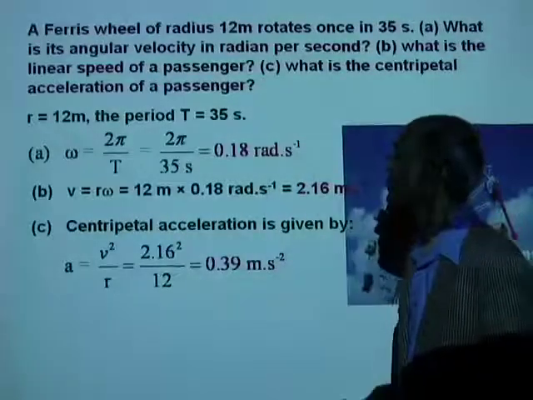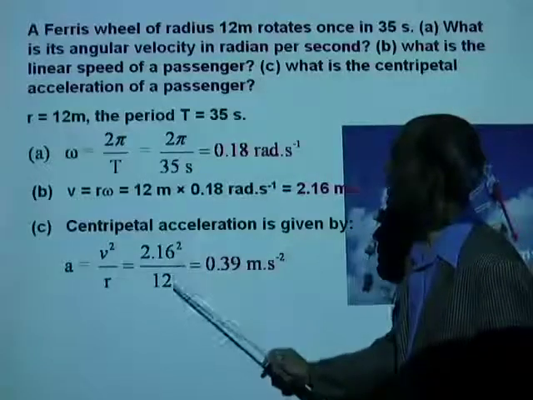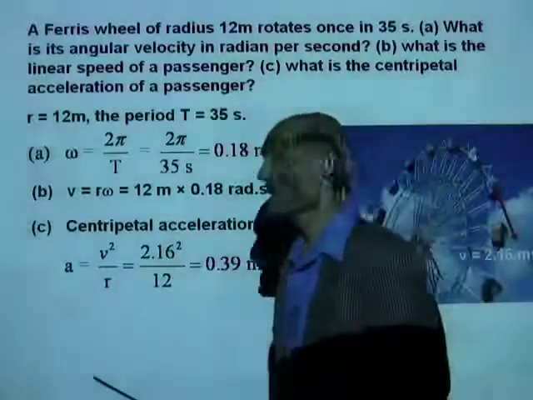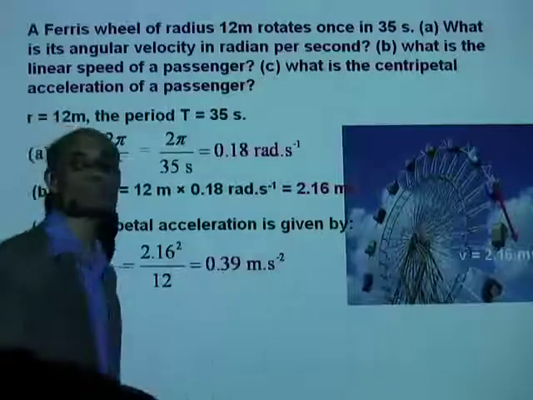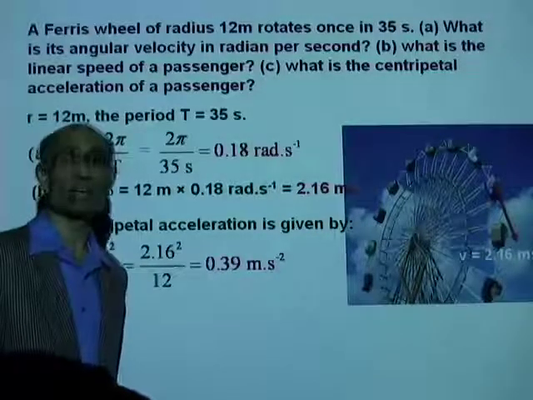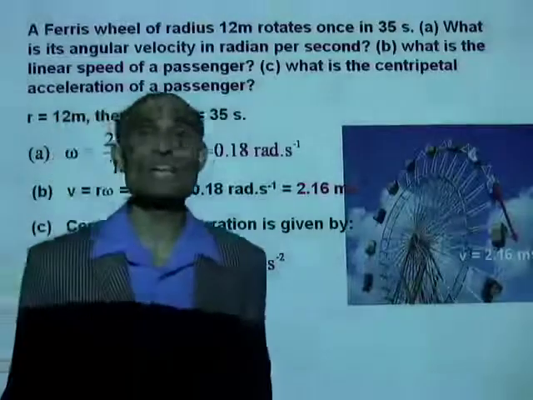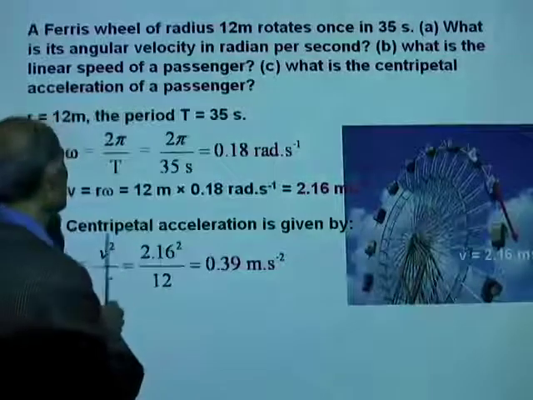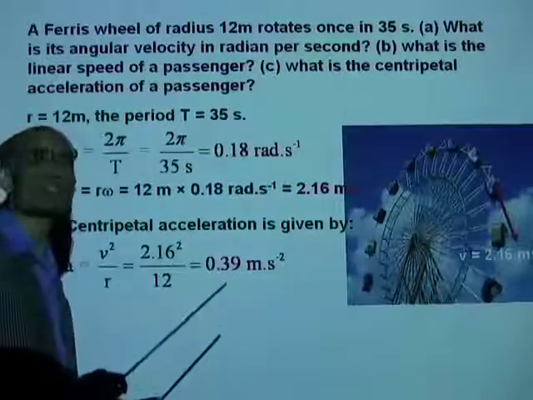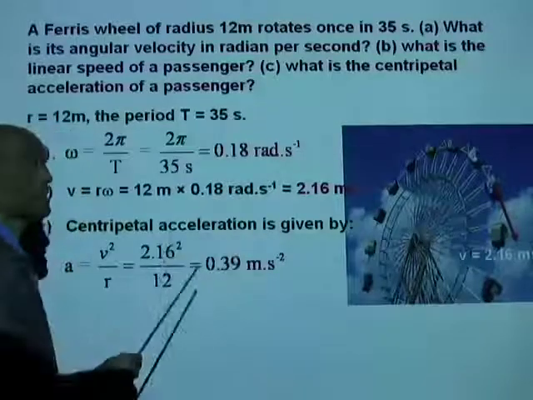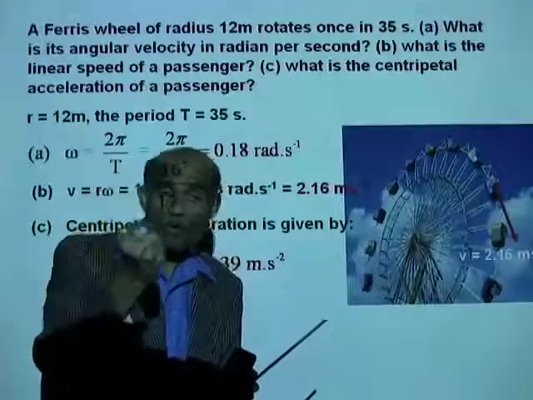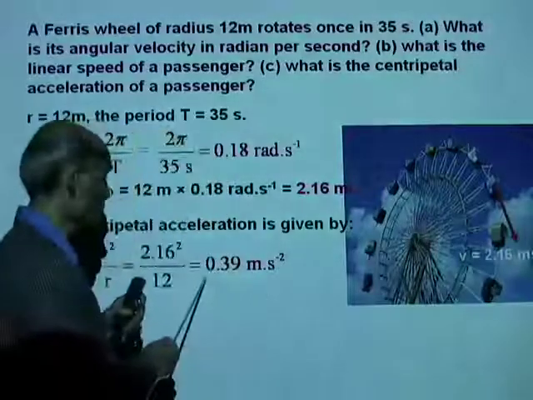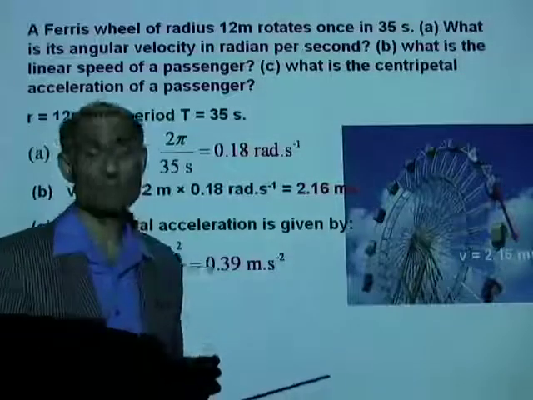That will be 2.16 squared over 12. That is 0.39 meter per second squared. And that is the centripetal acceleration of the passenger. That means the passenger will be experiencing a force towards the center with this acceleration.